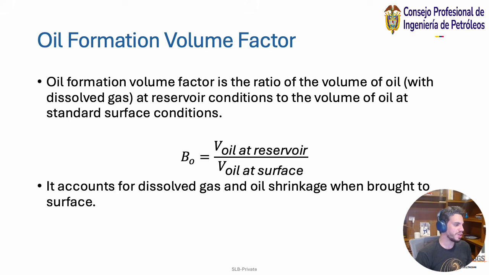And it accounts for the dissolved gas and oil shrinkage when brought to surface. So again, we're trying to understand how our fluid behaves, both at reservoir conditions, in production conditions, and at surface conditions, and through the evolution of your project life cycle when you're producing the oil.